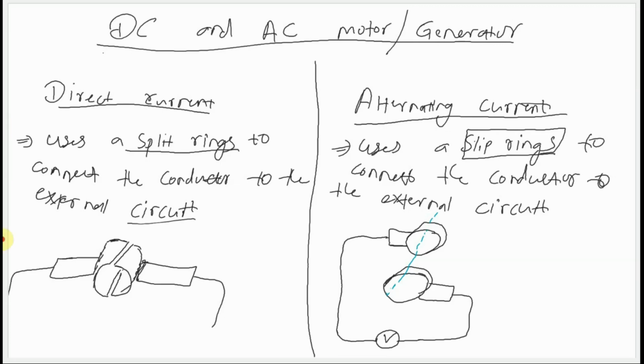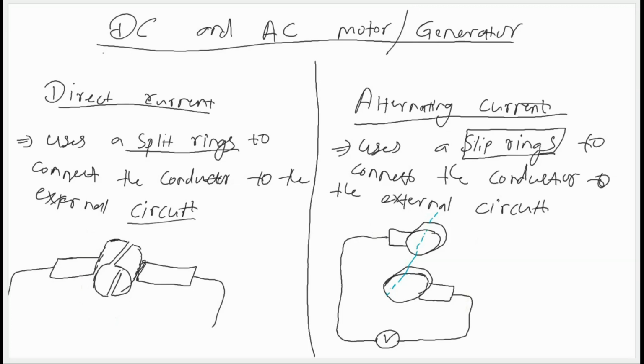But the main component for direct current is the split ring, and the main component for alternating current is slip rings. These two are the ones which differentiate between a DC or an AC system, which is the same for both motor and generator.